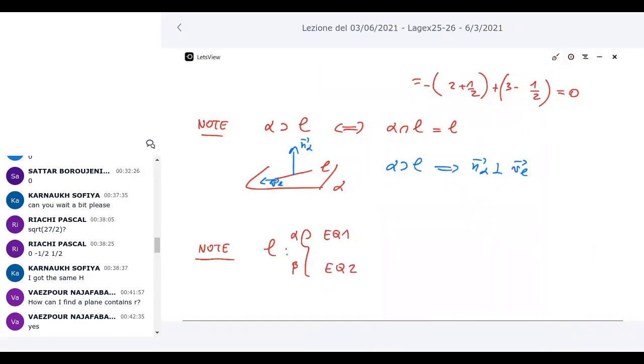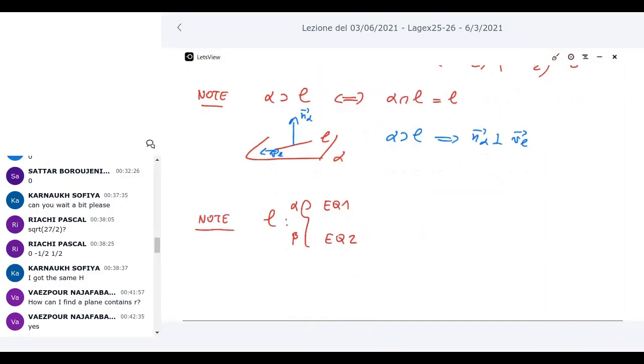If you take any number times equation 1 plus any number times equation 2, this is a plane containing L. And actually, all planes containing L come in that way.